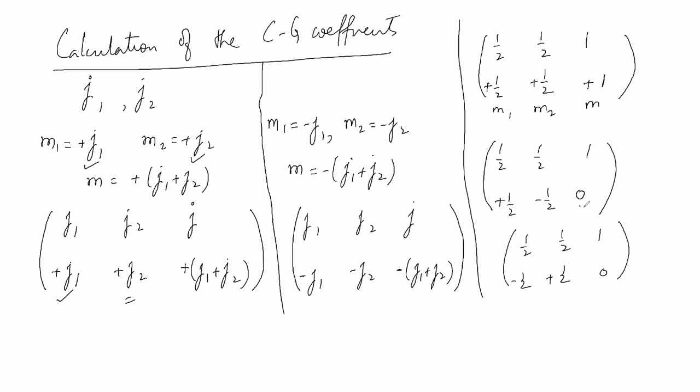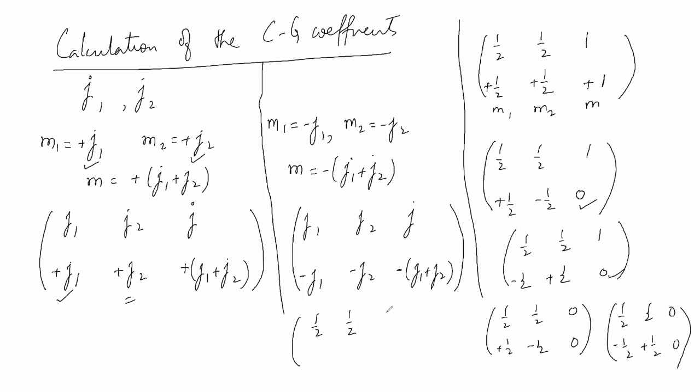or 0 I can also get from half half combining to 0, because the other possibility is half minus half, and the other possibility is half 0 minus half plus half 0. Okay, and the last one is half half 1 minus half minus half minus 1.